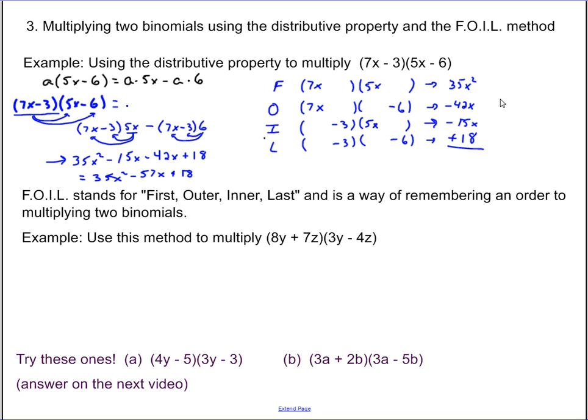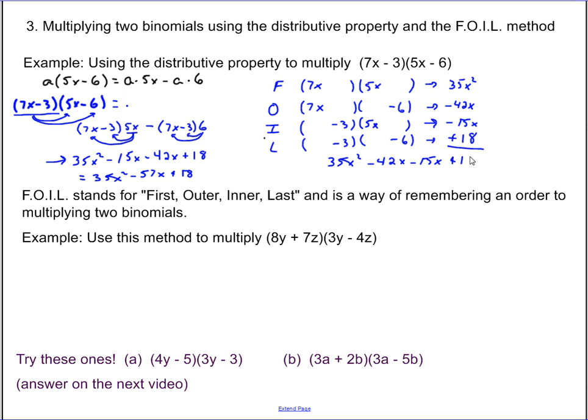So now what we have to do is add these things together. And guess what? We have exactly the same problem. 35x squared minus 42x minus 15x plus 18.